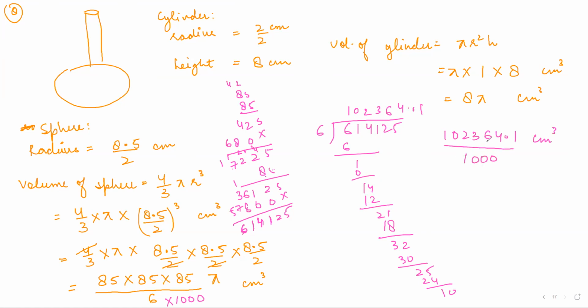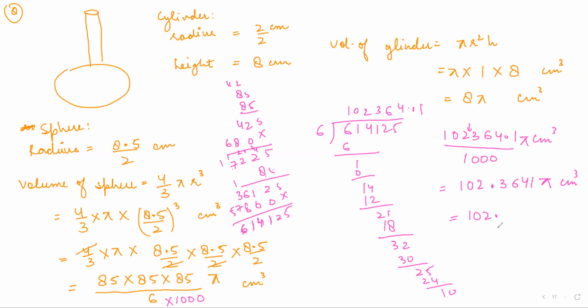So 3 places it will shift, right? And 1 pi. So 3 places, that means here it will come. So it will be 102.3641 pi centimeter cube. Or approximately you can write it like 102 point up to 2 places of decimal.